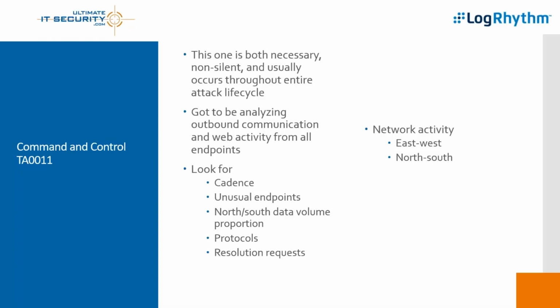Outbound communications, that's outbound traffic, but also I want to encourage you to be aware of analyzing web activity from endpoints, because it's the constant arms race. The bad guys are realizing you're paying attention to the protocols and the outbound network connections they're using.